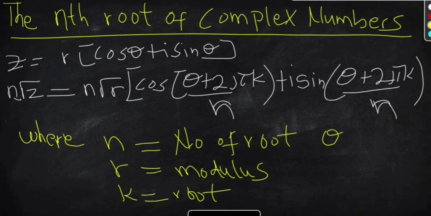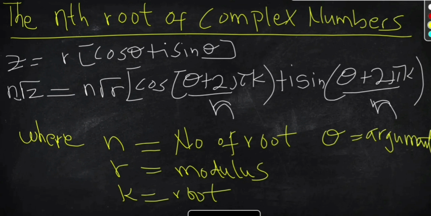And our theta is our argument. This is the formula for finding the nth root of any given complex number.